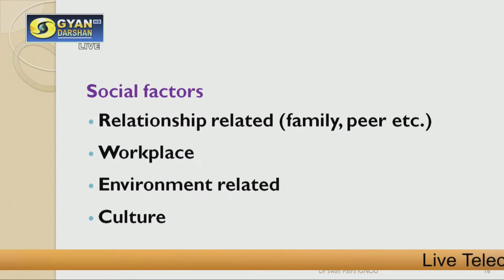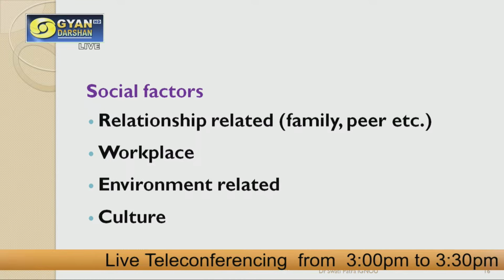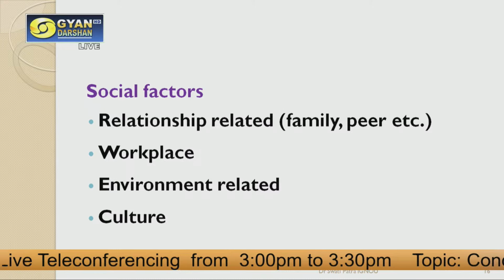Similarly, the social factors like the family situation, the relationship factors, the peer group, the workplace related factors, the environment related factors, the socio-cultural factors. Okay, these are also important because our cultural beliefs also impact our mental health.